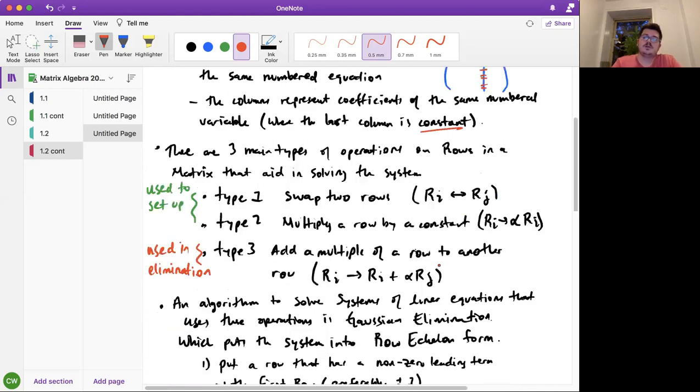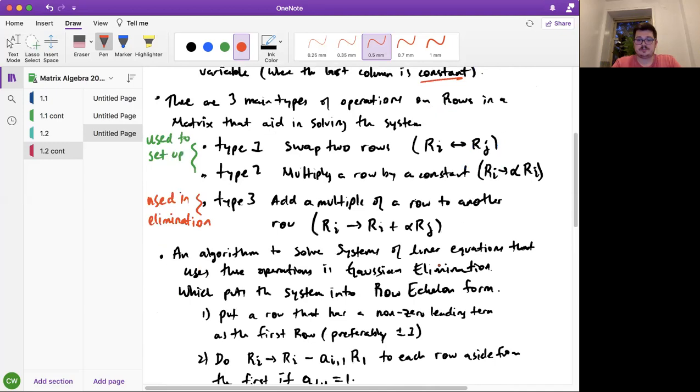Okay, so we talked about three types of operations on rows. The first was type 1, which is swapping two rows. Second was type 2, which is multiplying a row by a constant. And the third was type 3, which was adding a multiple of a row to another row.